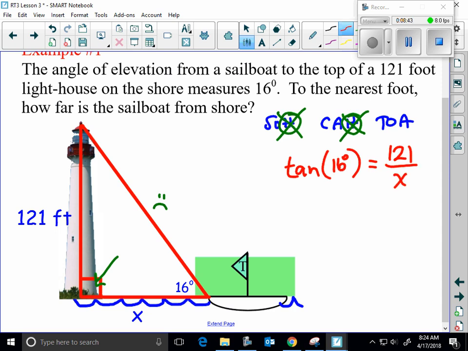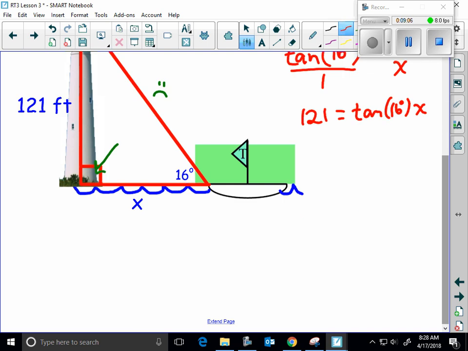over adjacent. I'd like for you and a neighbor to figure out how far the sailboat is from the shoreline. Go. Okay, so as I cross multiply here, 121 times 1 is 121, and tan 16 times x is tan 16 times x. I know I just sound like I repeated myself, but we're about to do a little bit of work, right? So if 10 equaled 2x, how would we find x?